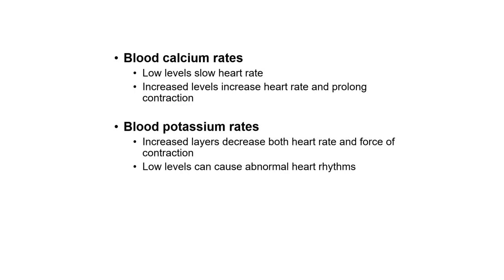And low levels can cause abnormal heart rhythms. So again, you want everything to be in sync, right? You don't want anything to be too high or too low, because that is obviously then going to have a trickle-down effect and could affect many other parts of your body, right?